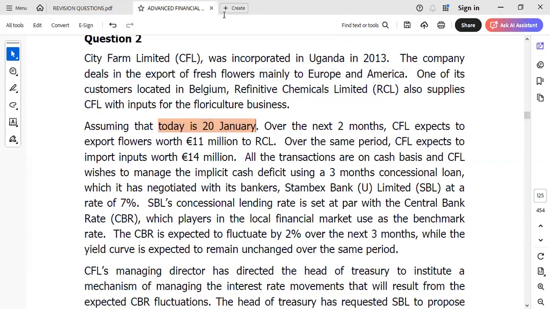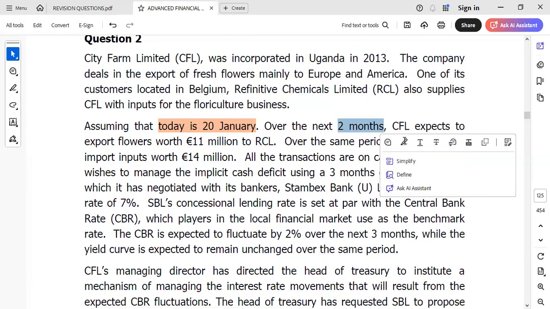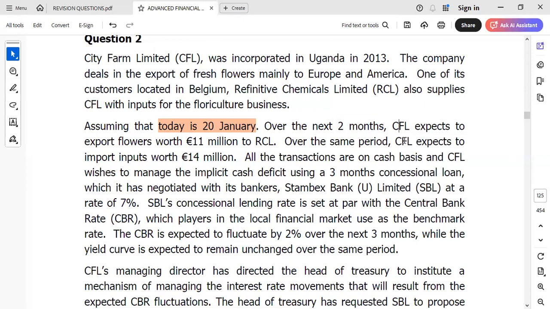This one matters a lot. Over the next 2 months, CFL expects to export flowers worth 11 million euros to LCL. That is the first transaction.